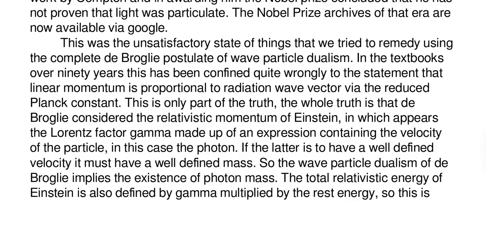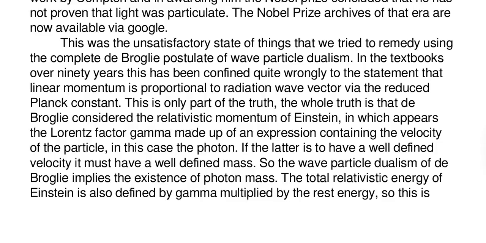The whole truth is that de Broglie considered the relativistic momentum of Einstein, in which appears the Lorentz factor gamma, made up of an expression containing the velocity of a particle, in this case the photon. If the latter is to have a well-defined velocity, it must have a well-defined mass. So the wave-particle dualism of de Broglie implies the existence of photon mass.